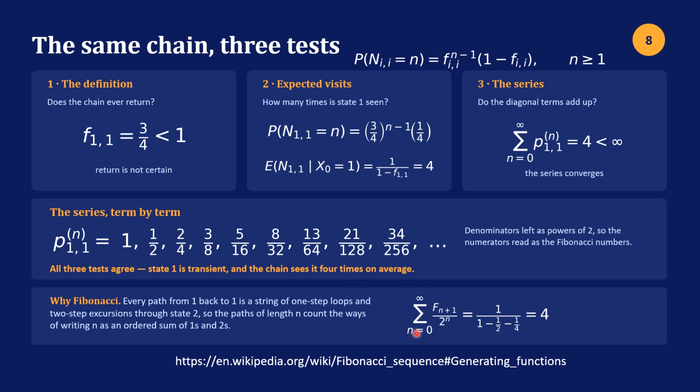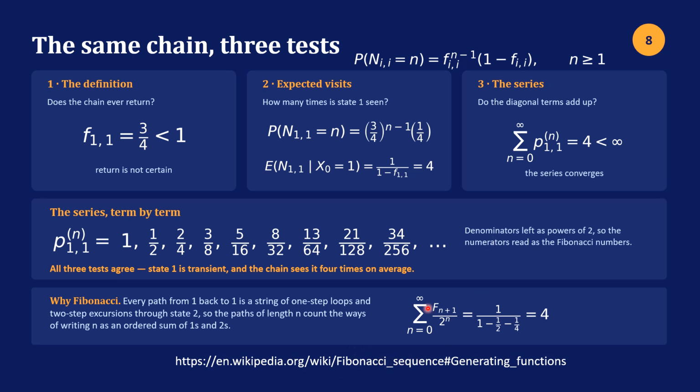There's a formula for the generating function of the Fibonacci sequence, which is basically this sum, and it's 1/(1 minus z minus z squared), where in this case z is 1/2, and so we get 4, and this is what we put up here. It's less than infinity. The series converges, and therefore state 1 is transient.